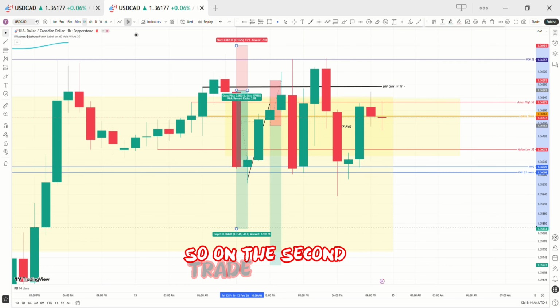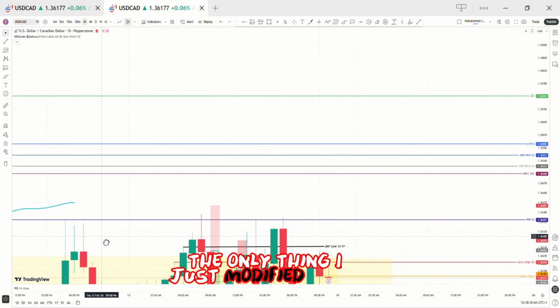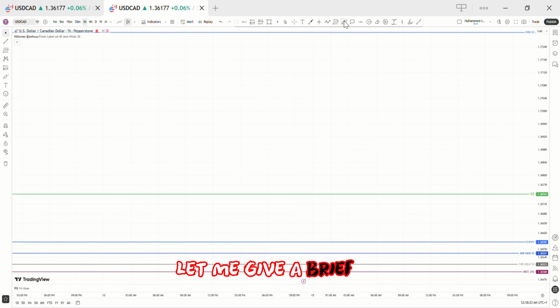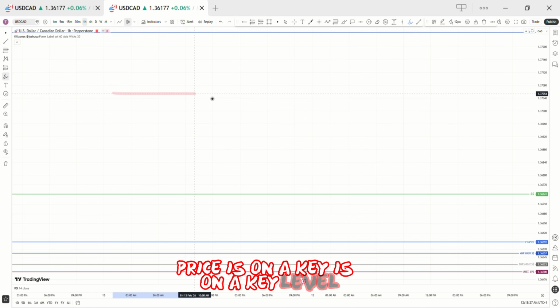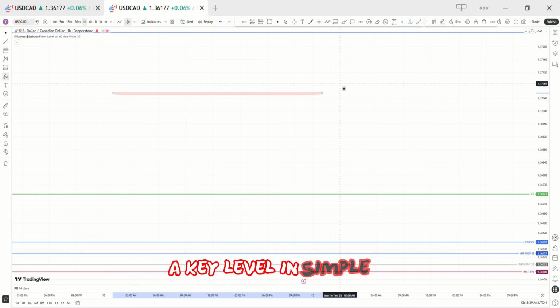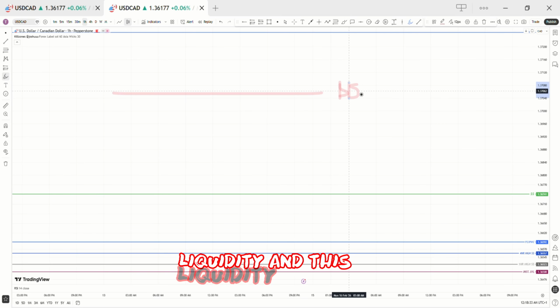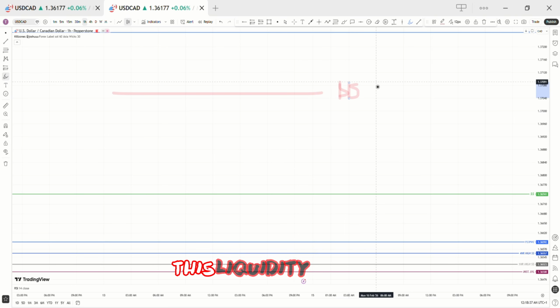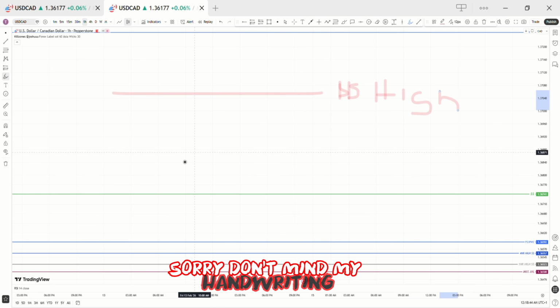So on the second trade, before I explain the second trade, the only thing I just modified in my strategy is, let me give a brief explanation. Price is on a key level. In simple terms, liquidity. And this liquidity is an actual high. Sorry, don't mind my handwriting.